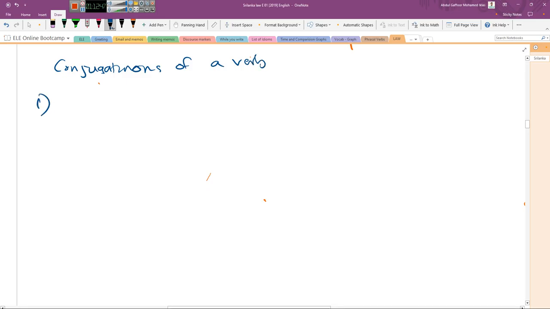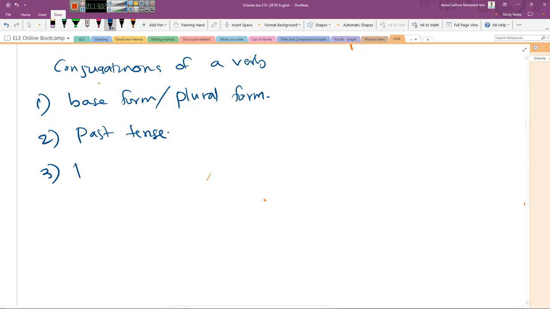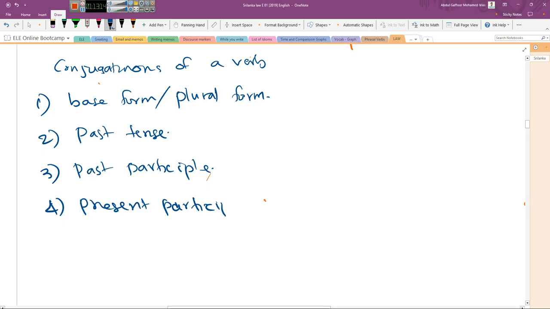The first one is base form, or we can call plural form as well. The second one is past tense, the third one is past participle, and the fourth one is present participle, or we can call ing form. The fifth one, or the last one, is singular form.